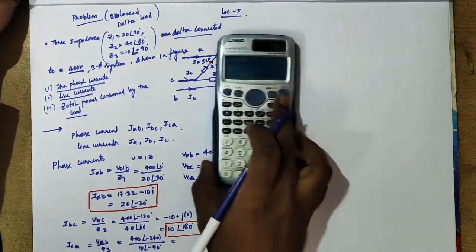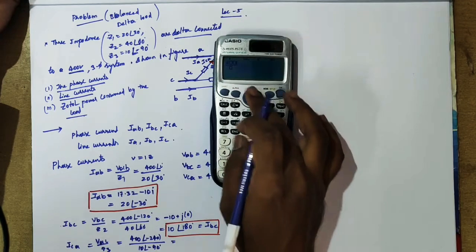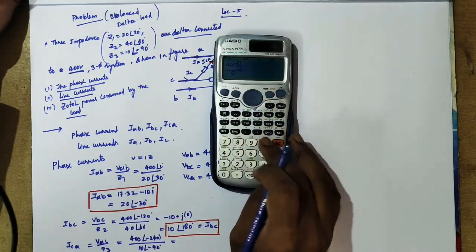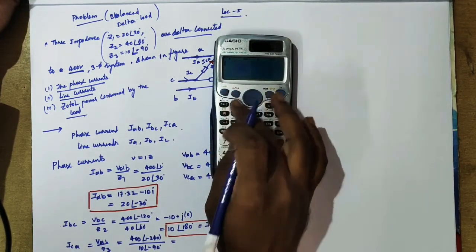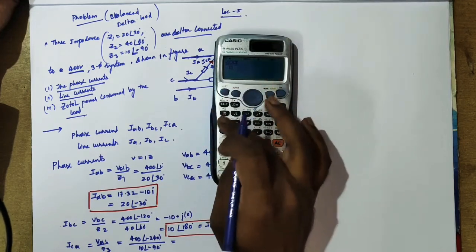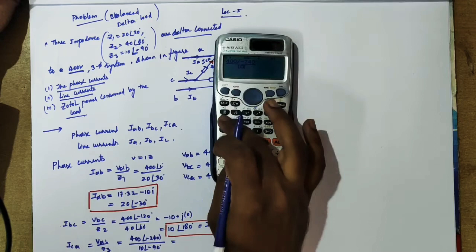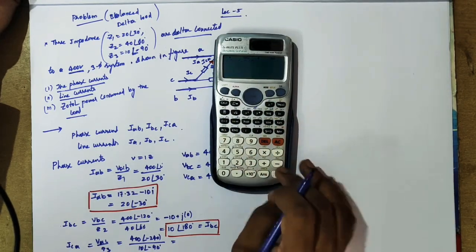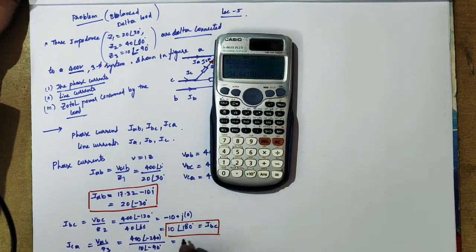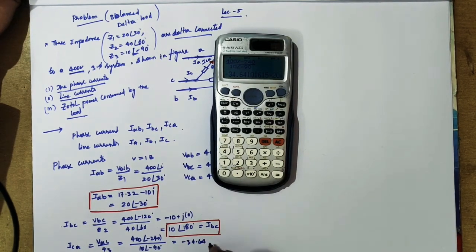Calculating 400 at an angle of minus 240 divided by 10 at an angle of 90, we get minus 34.64 minus 20i.